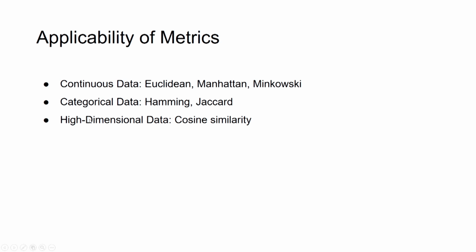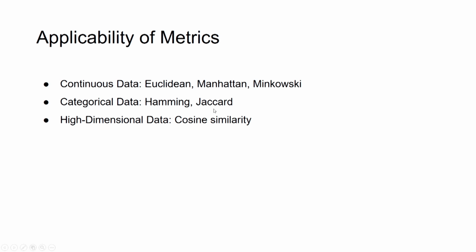So, we have seen lots of similarity and dissimilarity measures. Now, we must know in which case we should use which particular similarity or dissimilarity measure. When your features are continuous, or your data is continuous data, then we can use Euclidean, Manhattan or Minkowski distance. If your features are categorical, in that case we can use Hamming or Jaccard distance.